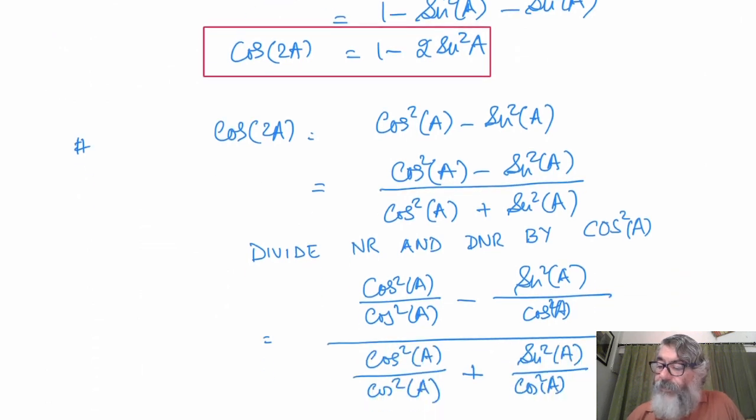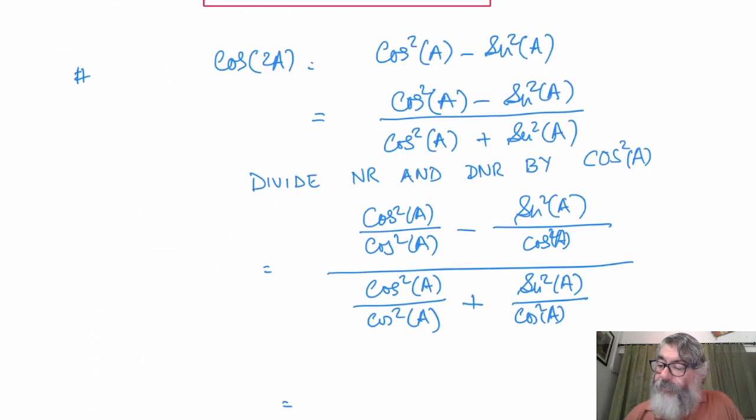Cos square A upon cos square A is 1, minus sin square A upon cos square A will become tan square A, 1 minus tan square A. The denominator will become 1 plus tan square A.